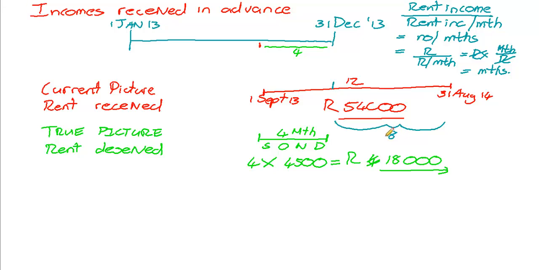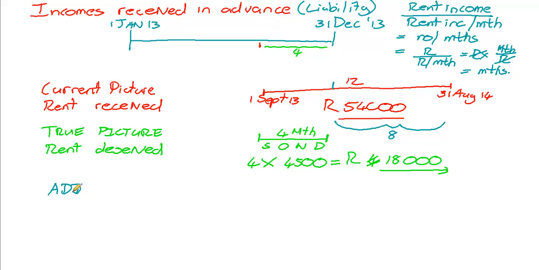So that's why we're going to have income received in advance as a liability, because Focus Limited still owes this service. They're not owing any money to another party, but they owe them the service, which is the provision of the office space for the next 8 months in the next financial year. So the difference between the current picture and the true picture is going to be my adjustment.